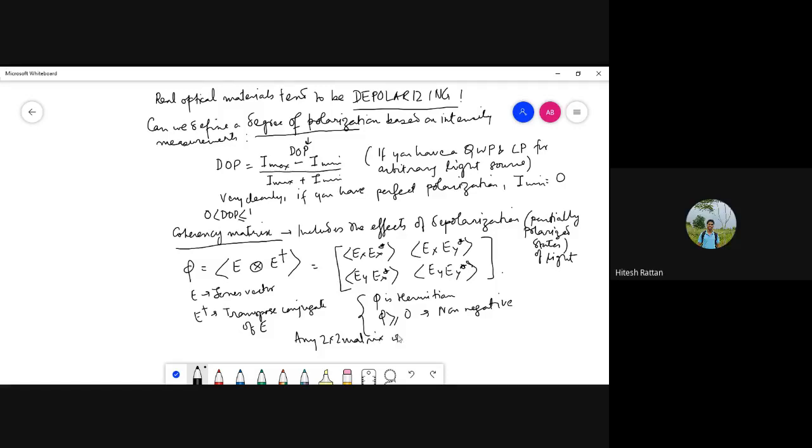Sir, how do you measure the intensity of Ex Ey star, your expectation of Ex Ey star? No, this is Ex square. Yeah, so I'm talking about the cross diagonal terms.